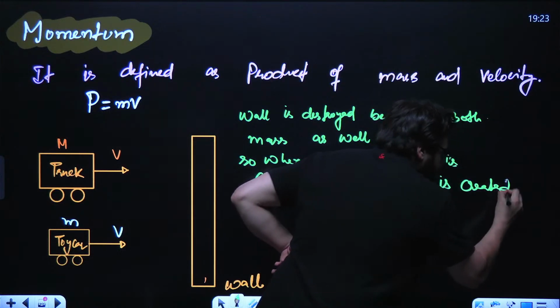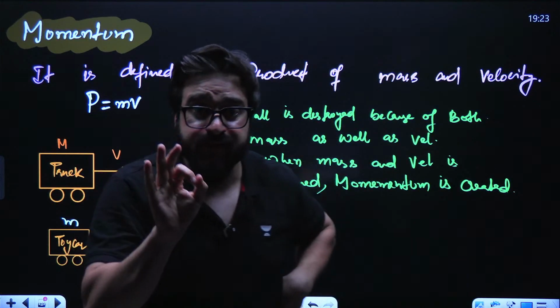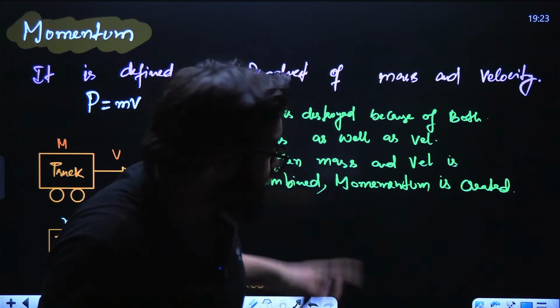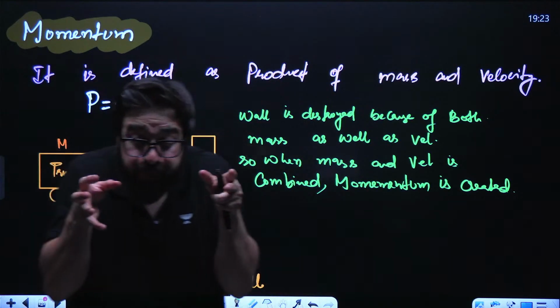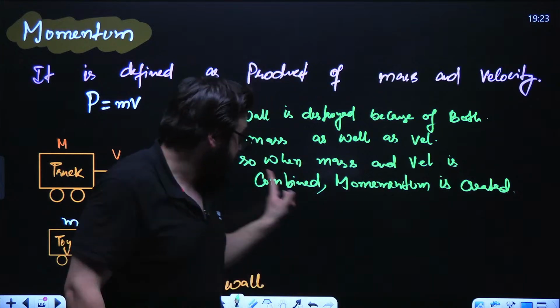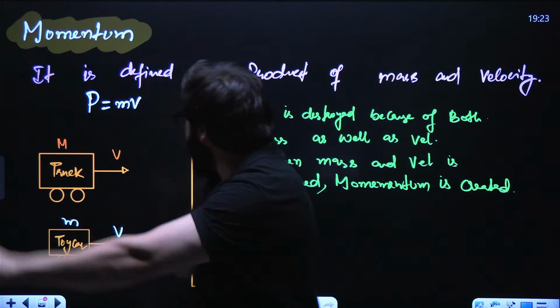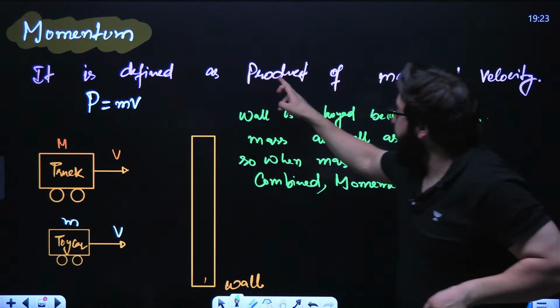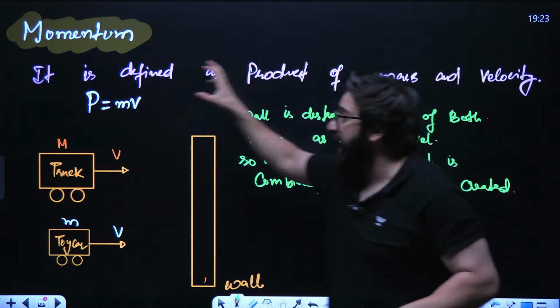So my dear friends, it is not mass alone or velocity alone, it is both together that are breaking this wall. So it is momentum. That's why we say momentum is defined as the product of mass and velocity.